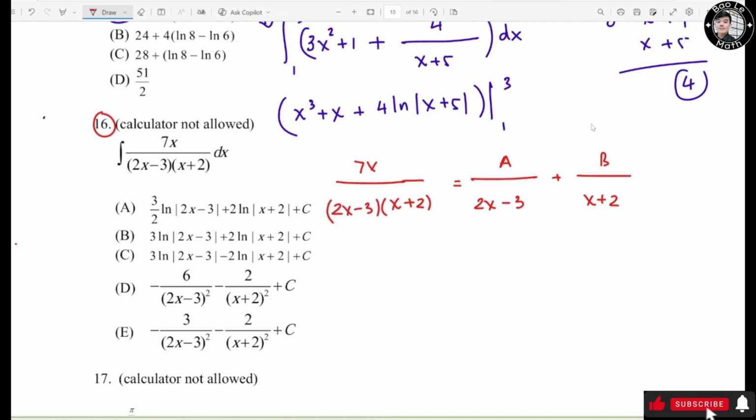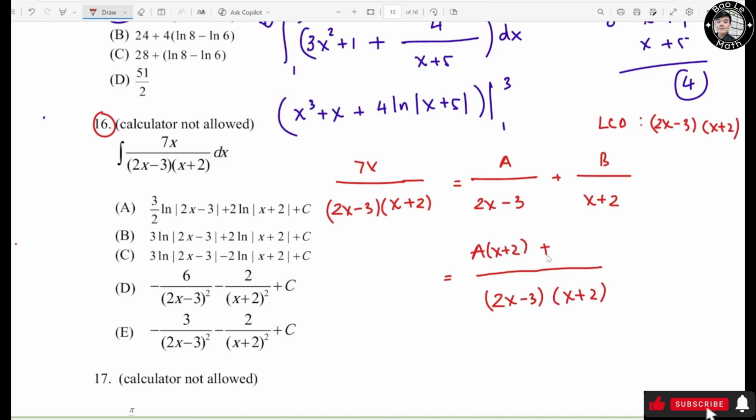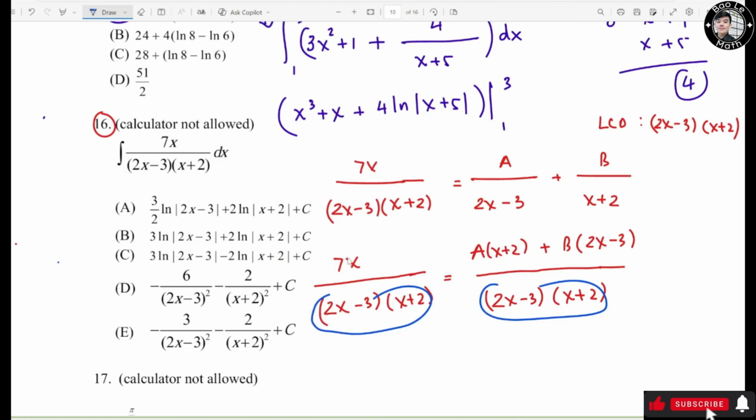The LCD is 2s minus 3 times s plus 2, so this can be written over the same LCD as A times s plus 2 plus B times 2s minus 3. Now the bottoms are the same, so we just equate the numerators: A times s plus 2 plus B times 2s minus 3 equals 7s.